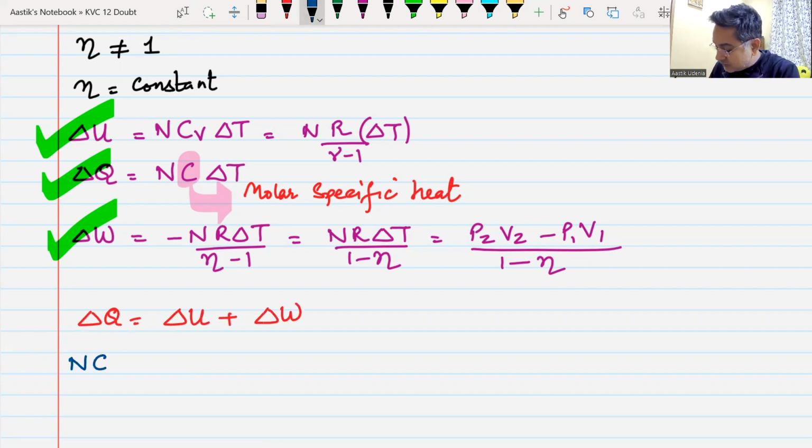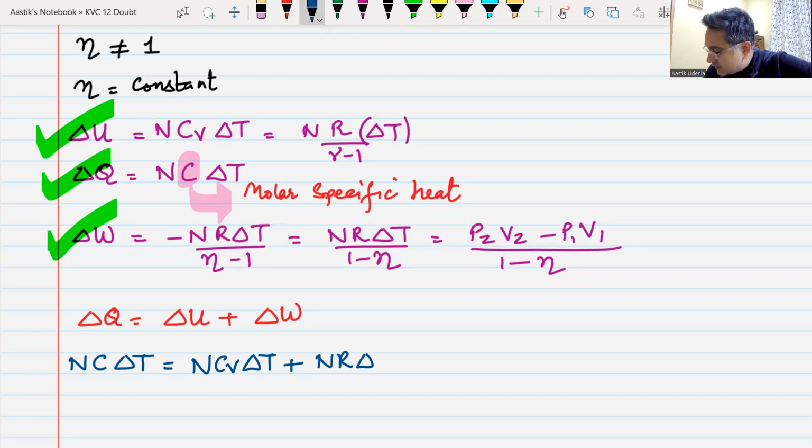The last thing they can ask you is that you can write this delta Q as nC delta T. I can write delta U as nCV delta T, and delta W as nR delta T upon 1 minus eta.